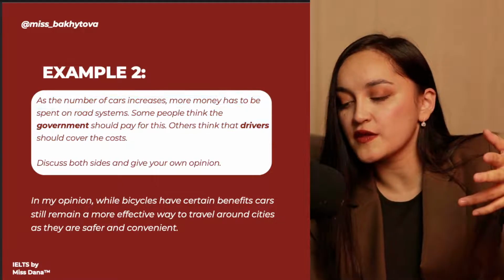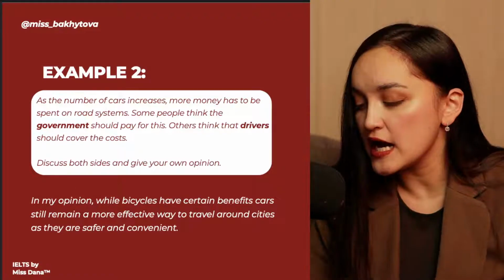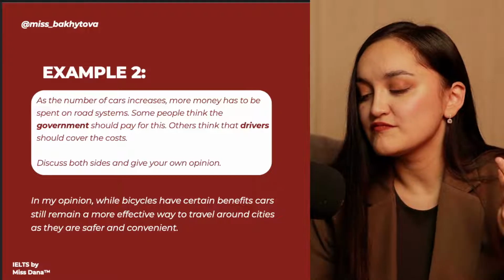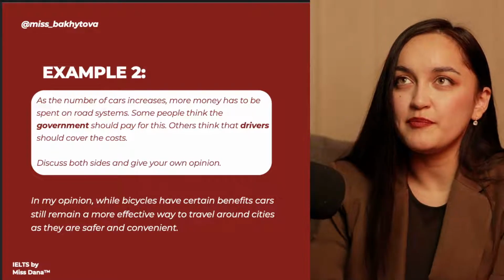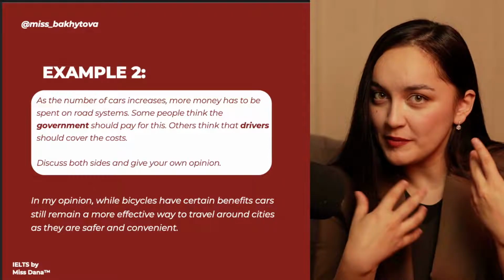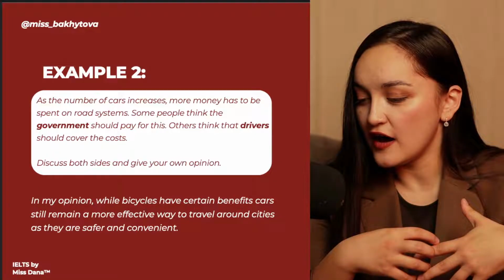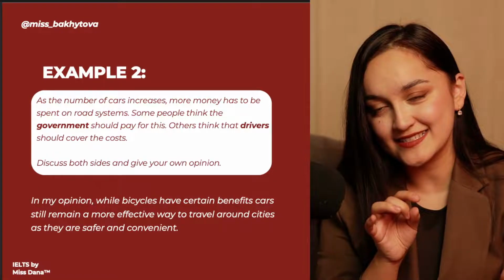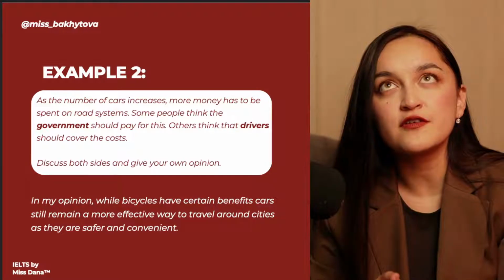Let's think through this. So why should government pay for this? We could say that the road systems can be paid from taxes, right? So we pay taxes to the government as citizens, and they can allocate those taxes for road systems. Why should drivers cover these costs?